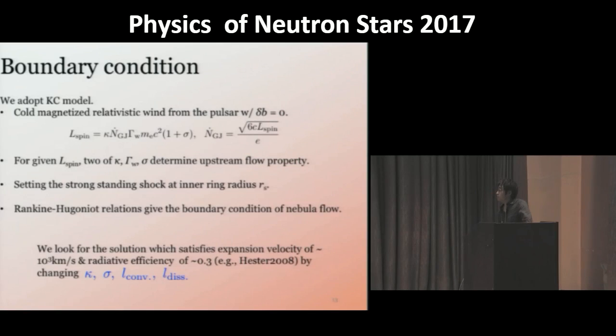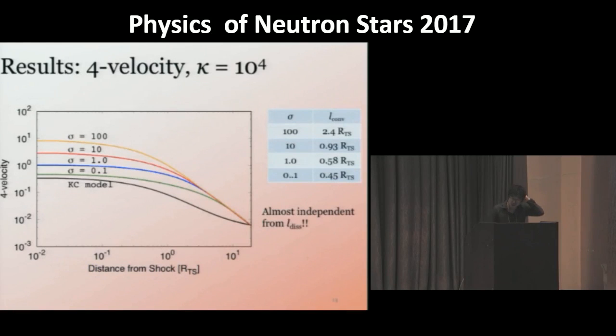Okay, so now we have four parameters for the system, and we try to satisfy the expansion velocity, which is much less than the speed of light, about 1,000 kilometers per second, and a radiative efficiency of about 0.3. Okay, so this is the result. One of the results.